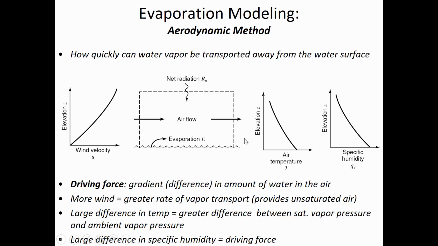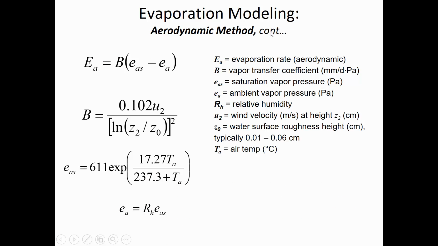If it's fully humid and fully saturated immediately above the water surface, then that limits evaporation. So the aerodynamic method is a way of calculating how effective transport is at moving away the water vapor that's escaping from the liquid phase.